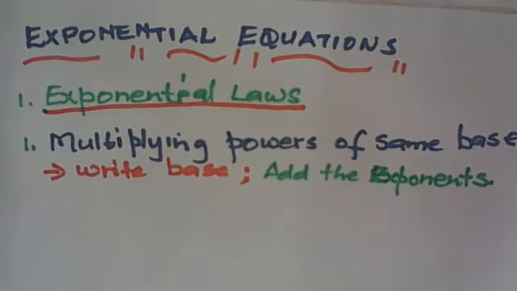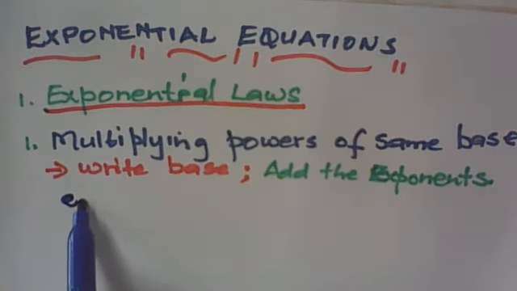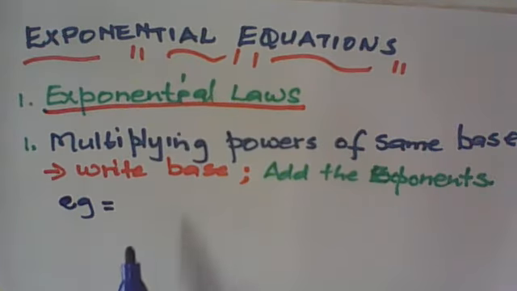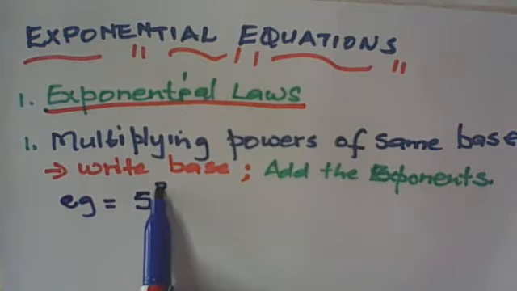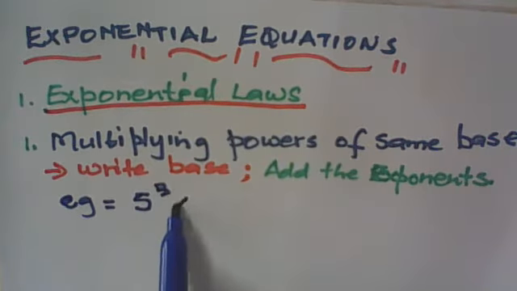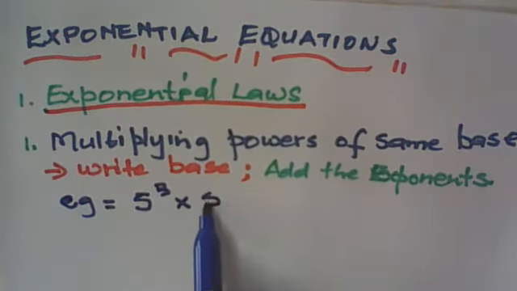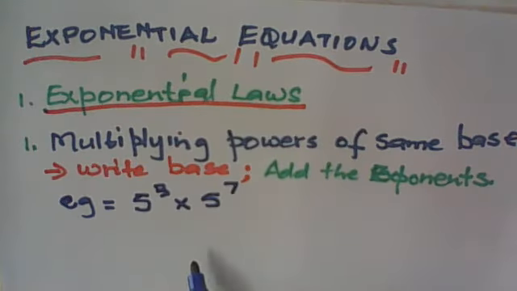Cool. Now let's take one example. For example, here you have 5 to the power 3 multiplied by 5 to the power 7.